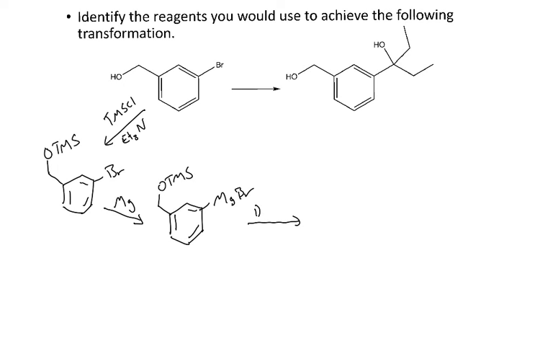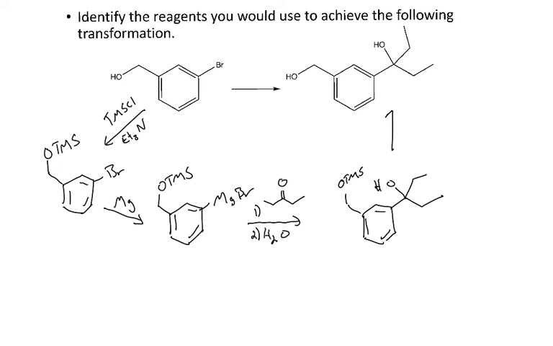So the ketone I want to react it with has 2 ethyl groups. That converts the ketone into an alcohol. And then the last step, I want to deprotect it, remove that protecting group, with tetrabutylammonium fluoride, and that'll give me my final product.